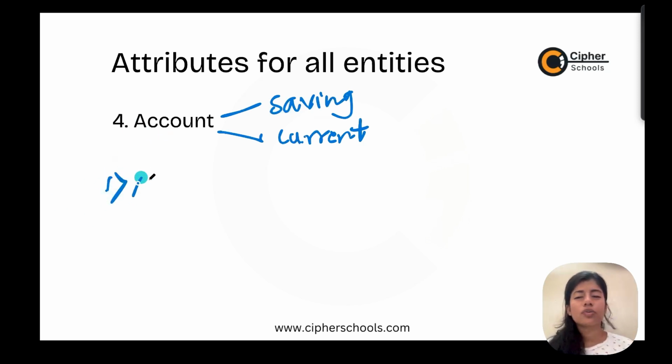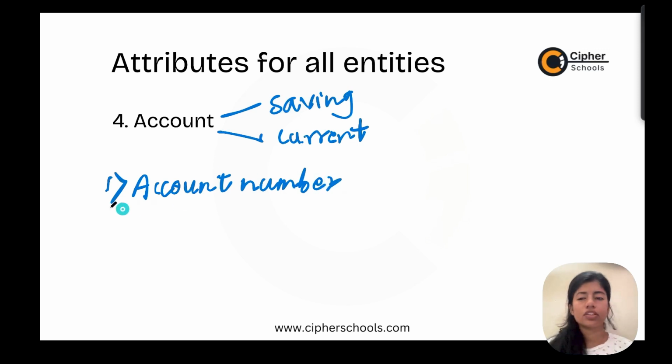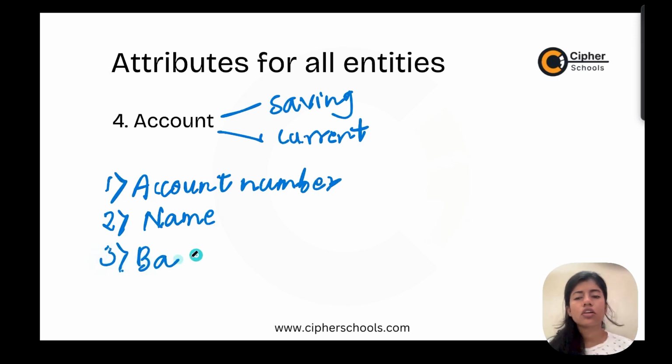Now, account will have an account number, right? So this is a primary key, and both of them will have this. Then account will have some account holder's name, then some balance. These are the attributes which are common.